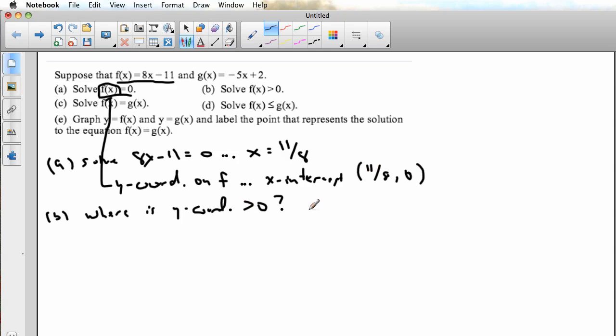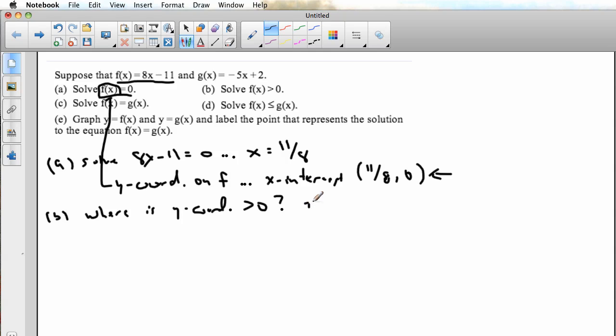So the question is, when I put in values of x bigger than 11/8, do I get y-coordinates bigger than 0? Or should I put in values of x less than 11/8? It's got to have something to do with this cutoff point, 11/8, because your y-coordinates can't change from less than 0 to greater than 0 unless they're actually equal to 0 at the transition. The only place we have a y-coordinate equal to 0 is at this point, so this has got to be the only possible transition point.